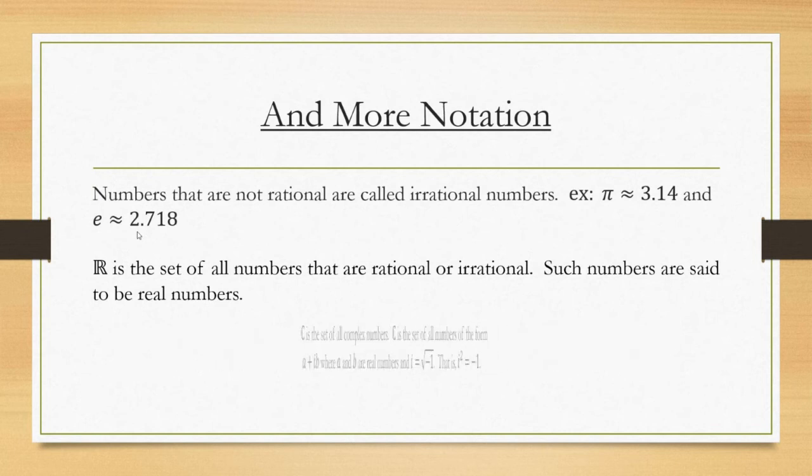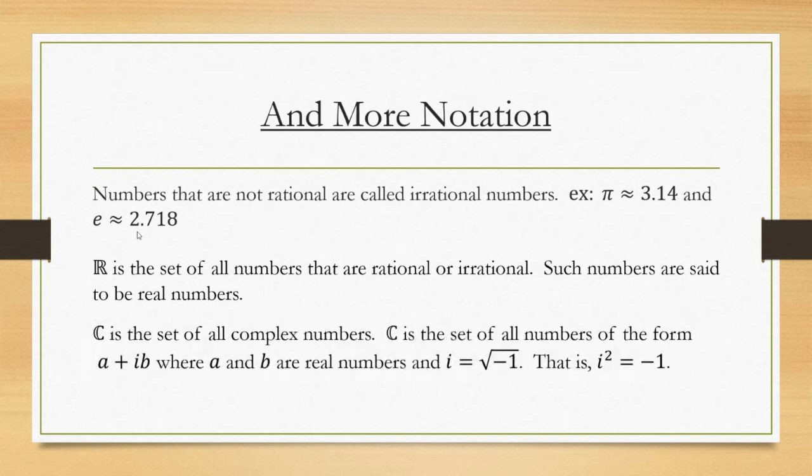And now, I may not get to it. It'd be really cool if I could, but there's actually a bigger set of numbers called the set of complex numbers. And those are all the numbers in this form, a plus ib, okay? Where i is, by definition, the square root of -1.